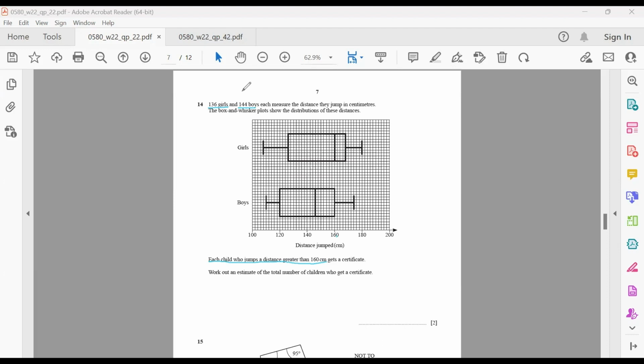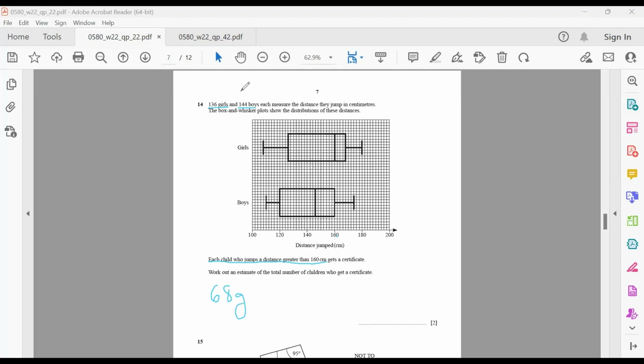So since they jumped greater than 160, that means approximately, since it's the median, I would say about 136 divided by 2, which is about 68. So 68 girls will get the certificate.